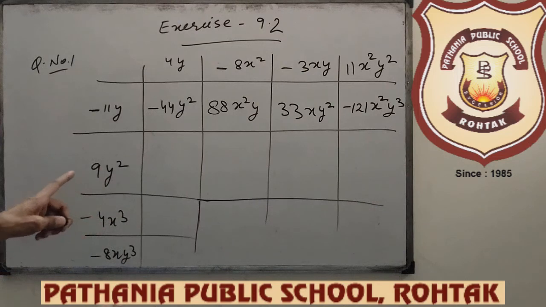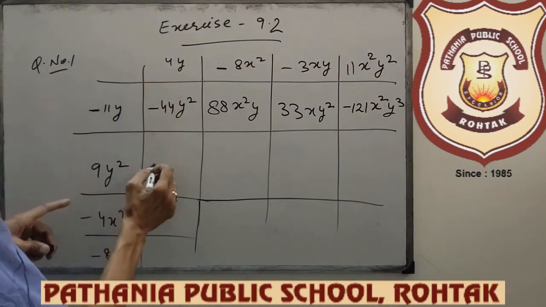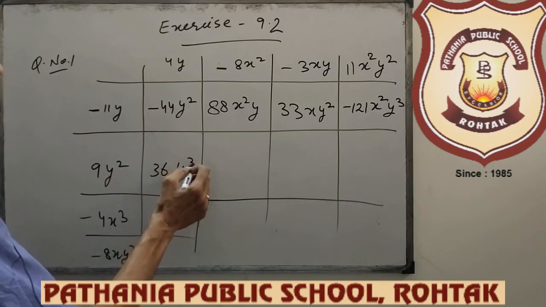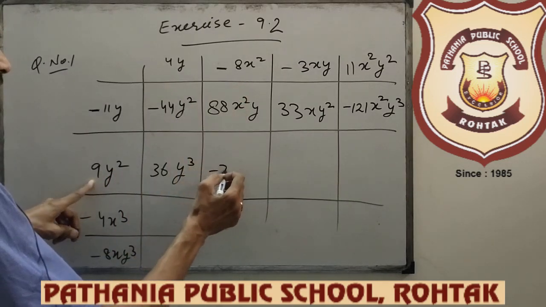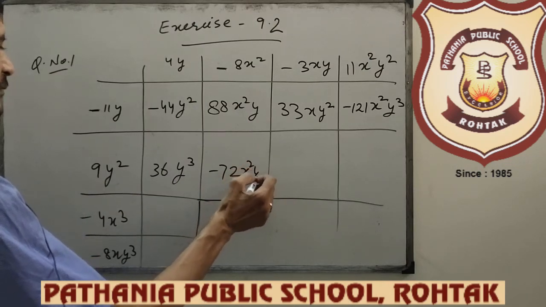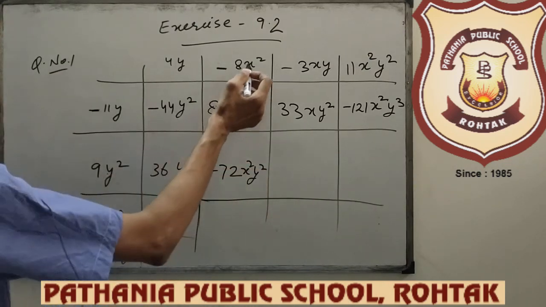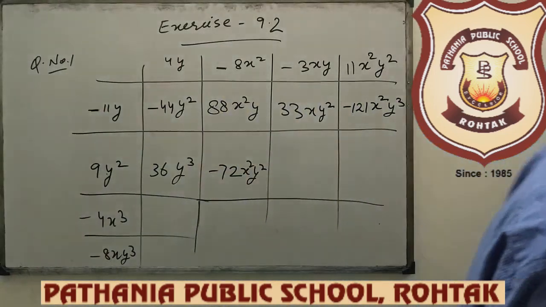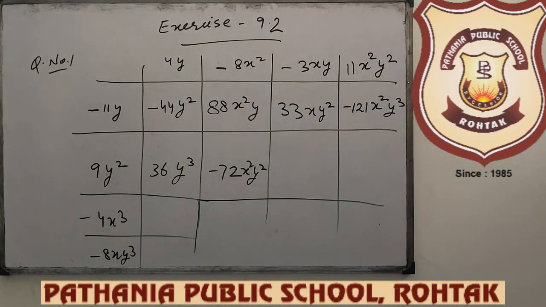In the same way this one: 9 times 4 is 36, y square into y is y cube, then 9 times 8 is 72, and y square x square and y square, because the variables are different, we are not able to multiply this. In this way, complete this table. So try all the remaining parts.